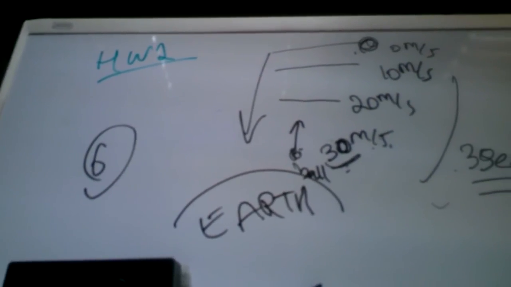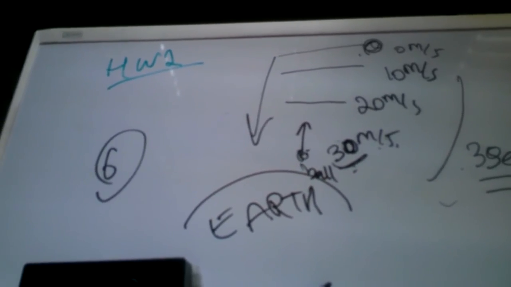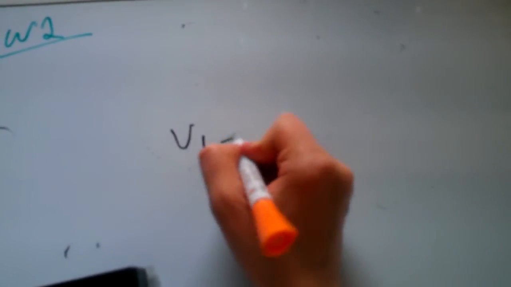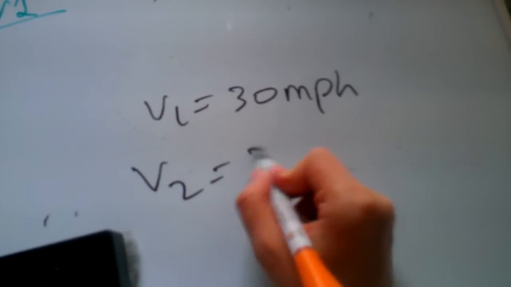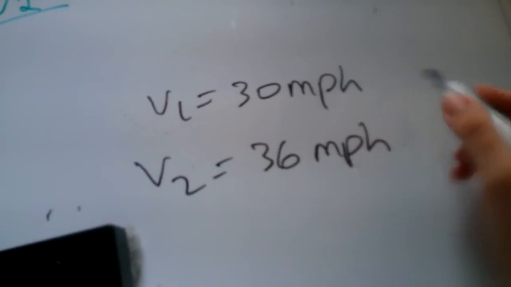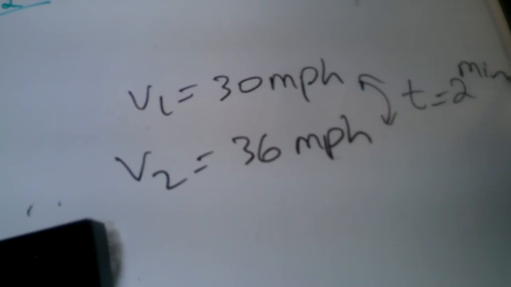Number 7: if a car changes speed from 50 miles per hour to 58 in 2 minutes, calculate its average acceleration. If you are going from one speed to another in a specific amount of time, let's say V1 is 30 miles per hour, V2 is 36 miles per hour, and I do this change during 2 minutes.